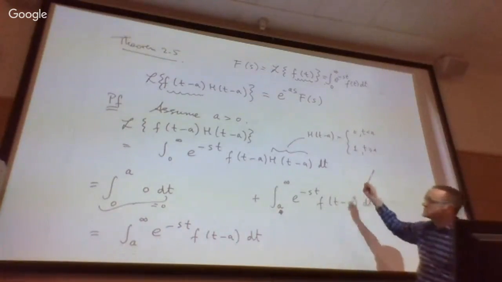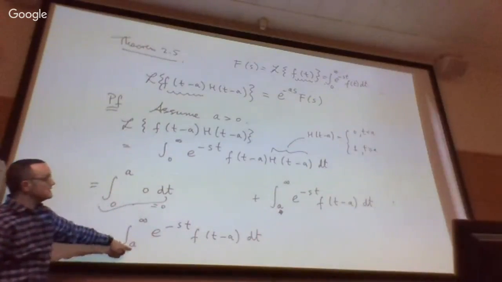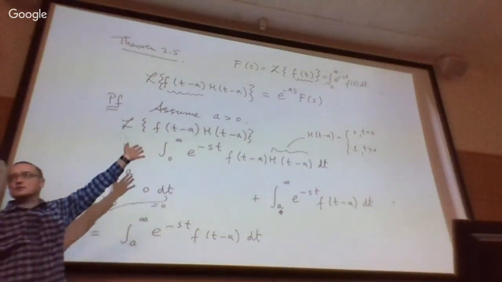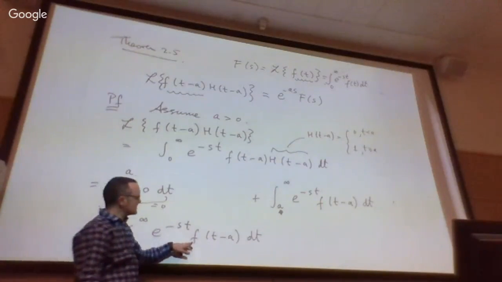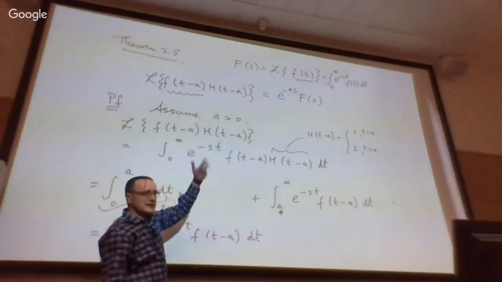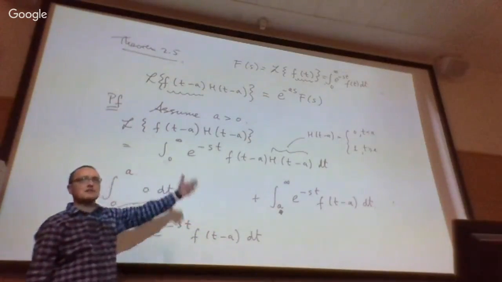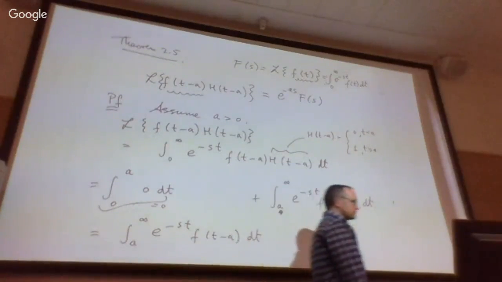It looks pretty much the same. There's some slight problems though. This integral begins at a, whereas the integral we want is one which begins at 0. And our function f is evaluated at t minus a, but we want it to just be evaluated at t, the same variable that you're integrating with respect to.